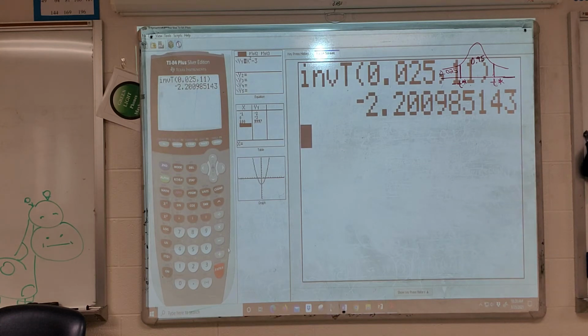Do you need to round it to a certain place? For whatever reason, a lot of times I see them round to 2 on the critical values, whether it's Z star or T star in confidence intervals, but you could do 4 like we've always done.